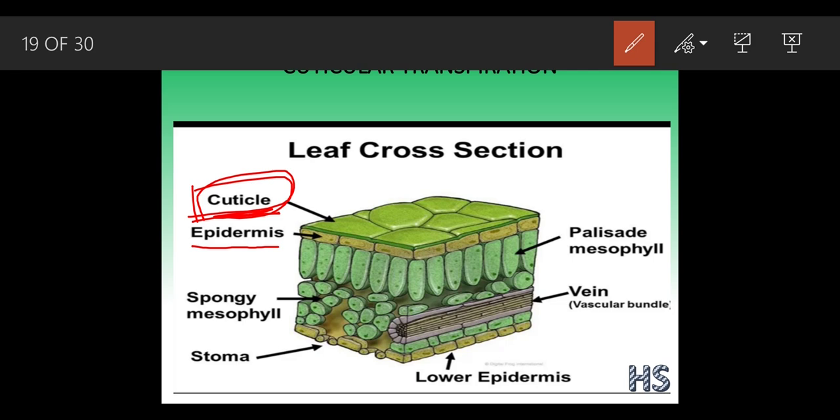If the rate of transpiration in the desert region were too high, there would be no chance of survival of cactus plants or any other plants. But because of these cuticles, this thick layer formed above the epidermis protects the leaf.